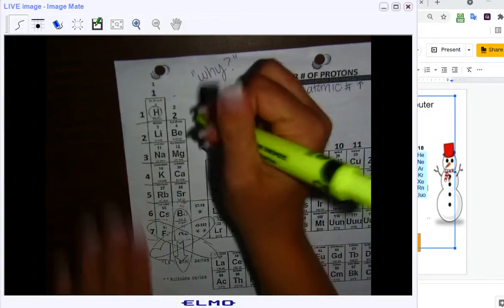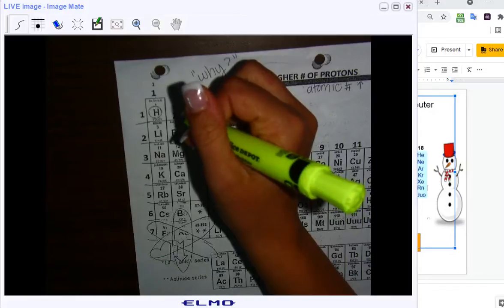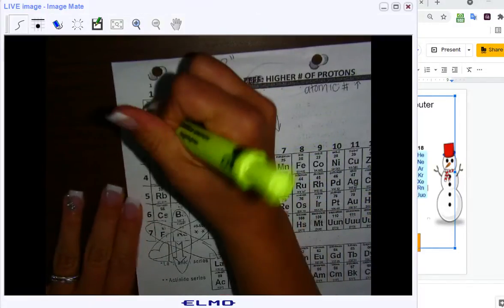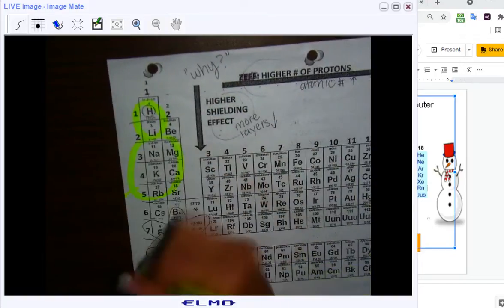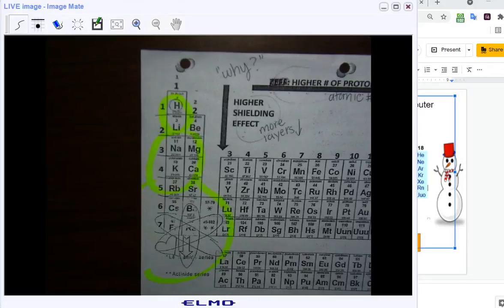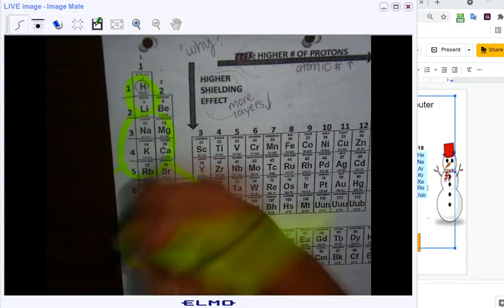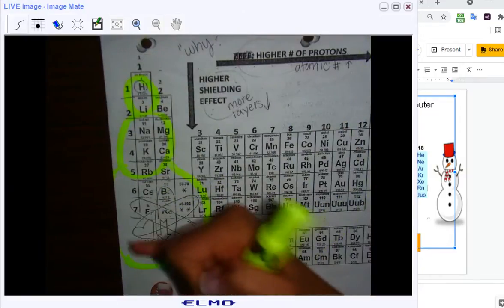A snowman has a head, a body, and then a butt, right? And they get bigger. The head is the smallest, then the body is medium, and then the butt is huge. So just like our snowman, the top stuff is smaller than the bottom stuff.